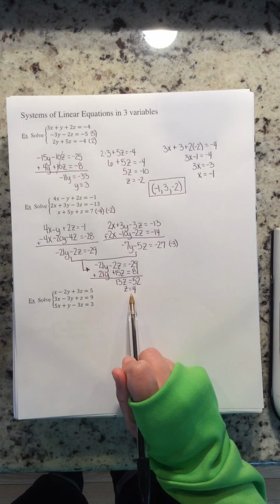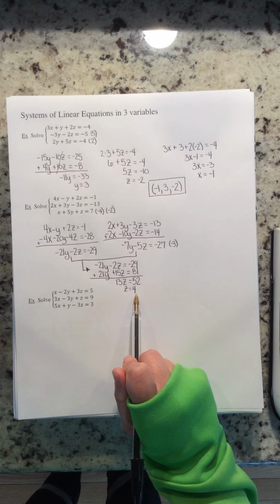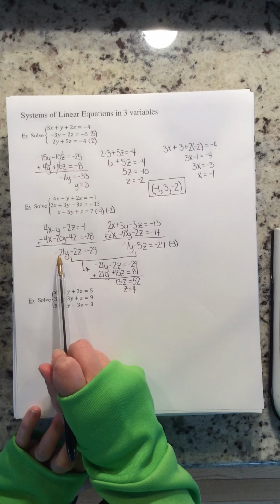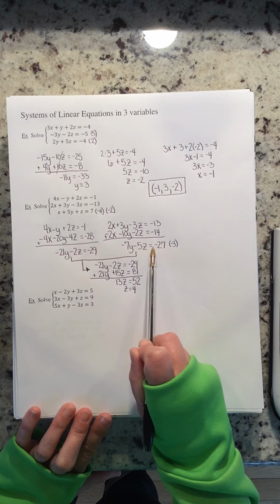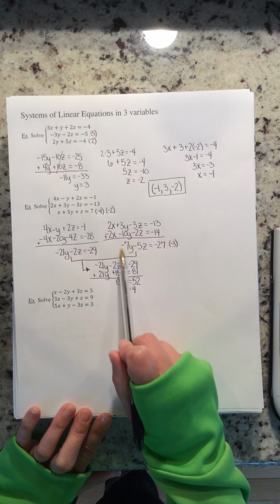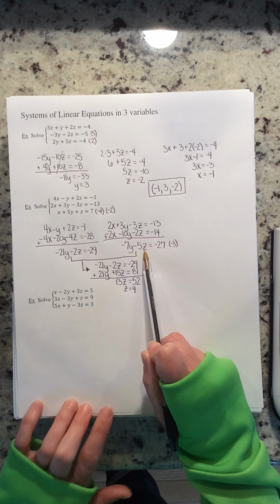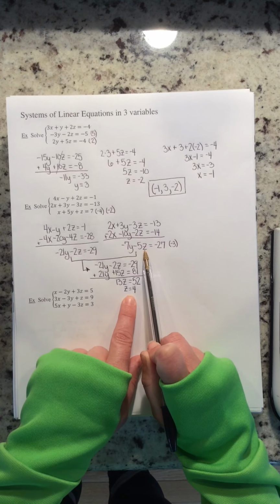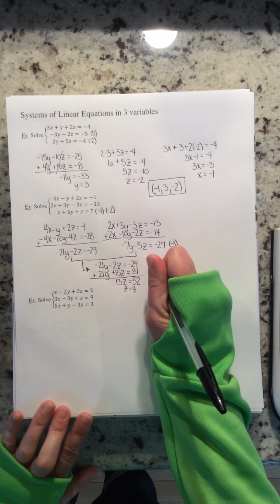Okay, once we have z, the next variable we need to find is actually our y, because we can use either of those two equations right there to find our y. I'm just going to go ahead and grab this one here, and I'm replacing that z with the 4 that we just found.